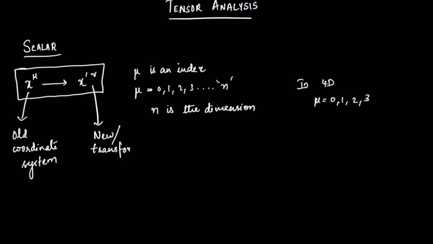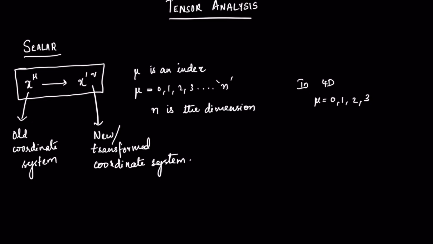So this is the transformed coordinate system. So a scalar quantity is a quantity which is invariant under a coordinate transformation. This is the old coordinate and this is the new coordinate system, and a scalar quantity is such a quantity that does not change under coordinate transformation.